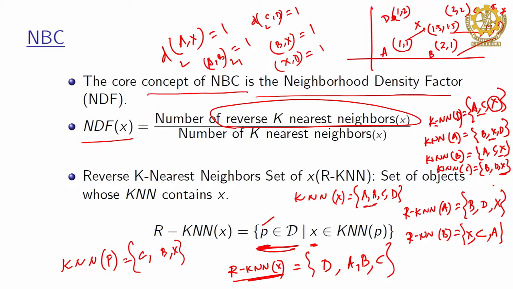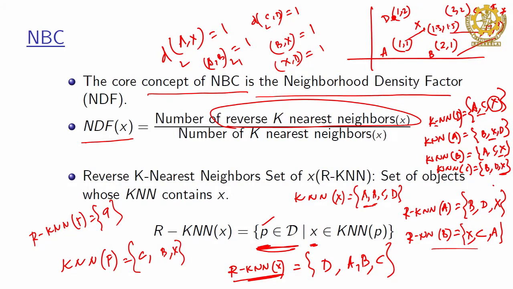And what about the reverse KNN? What is the value of K? K value is 2. So, what will be the reverse KNN of F? Now check, sorry, not X, this is the point F. You have to see whether F is appearing in the KNN of any point; F is not appearing anywhere. So, this set will be a null set.